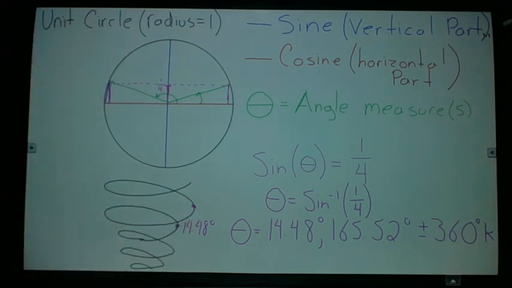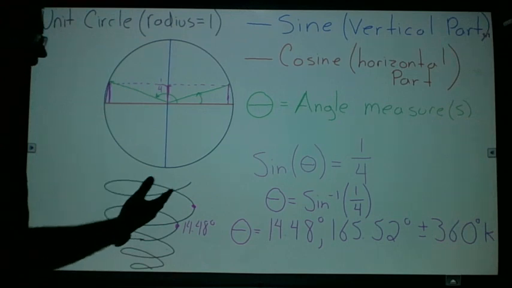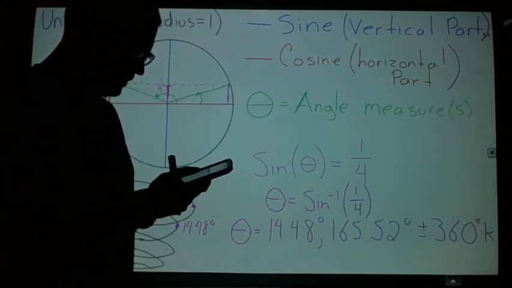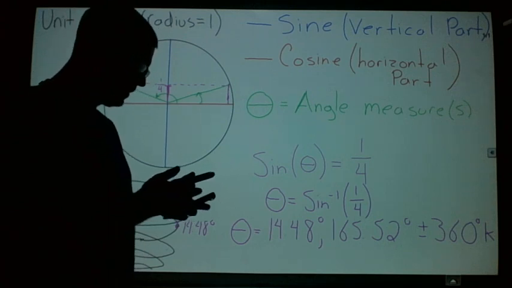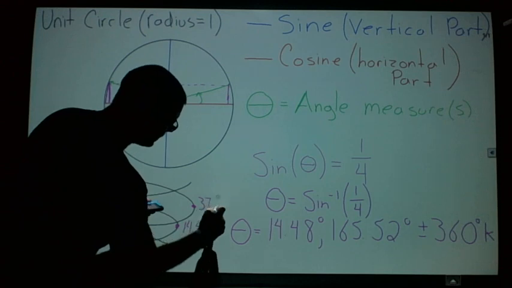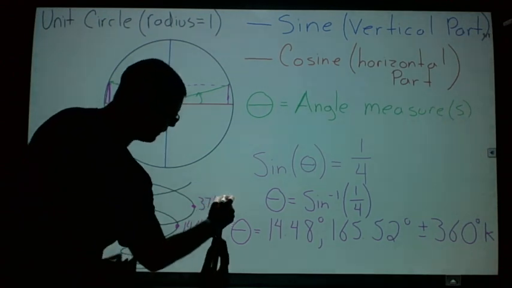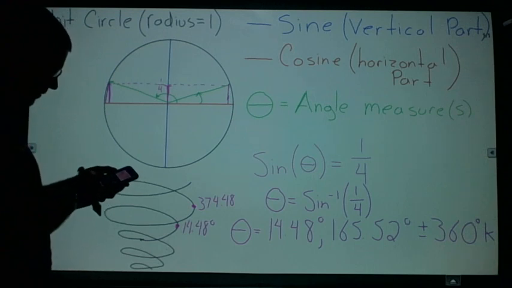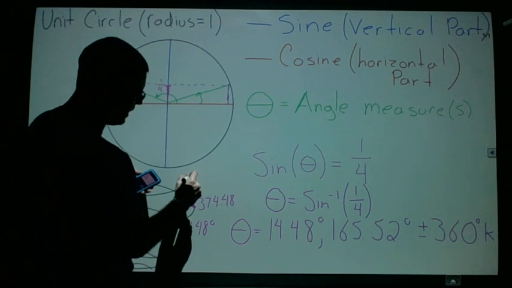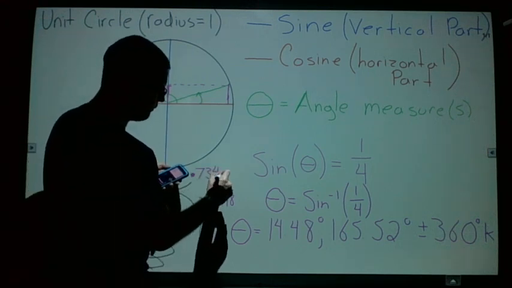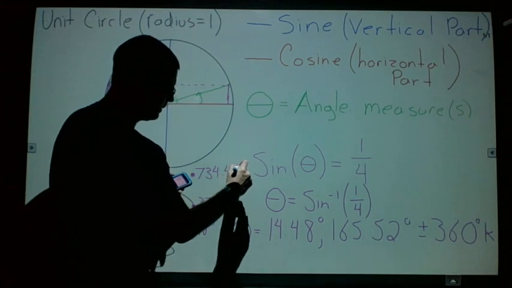so that up here would be 14.48 plus 360. So 14.48 plus 360 times 1. So this angle would be 374.48 degrees. And if we did 14.48 plus 360 times 2, this angle up here would be 734.48 degrees.